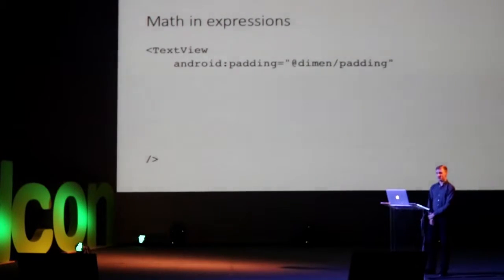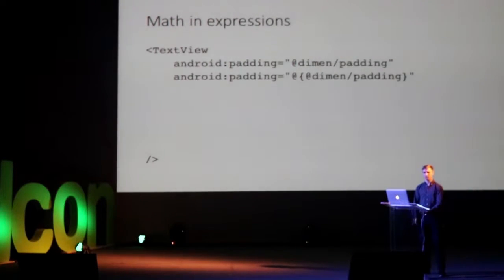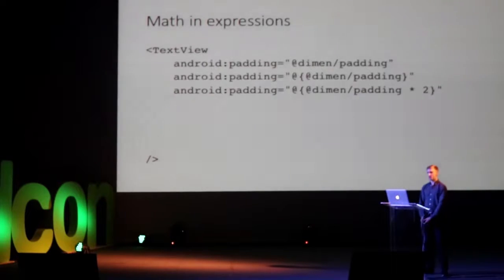You can also do math in expressions, which is cool. So this is how you usually set padding, but you can also set the padding with binding. This doesn't really change anything, it does the same thing, but it just uses data binding. But then you can start doing stuff like this.